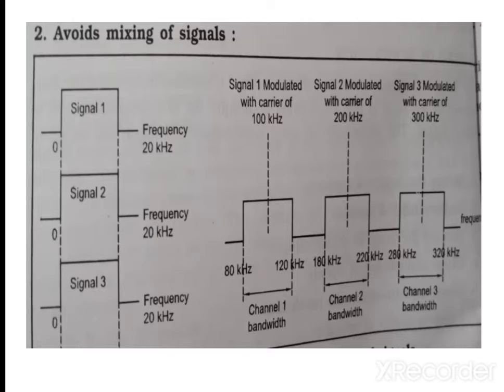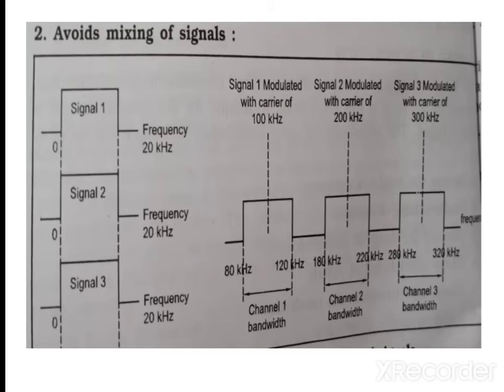That means in channel 1 the carrier frequency is 100 kilohertz. That means for the bandwidth, the lower 3 dB frequency is 100 minus 20, that is 80 kilohertz, and the higher 3 dB frequency is 100 plus 20, that is 120 kilohertz. This is the channel 1 bandwidth.